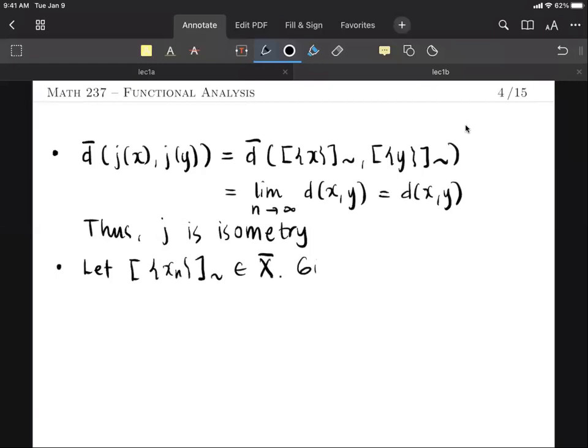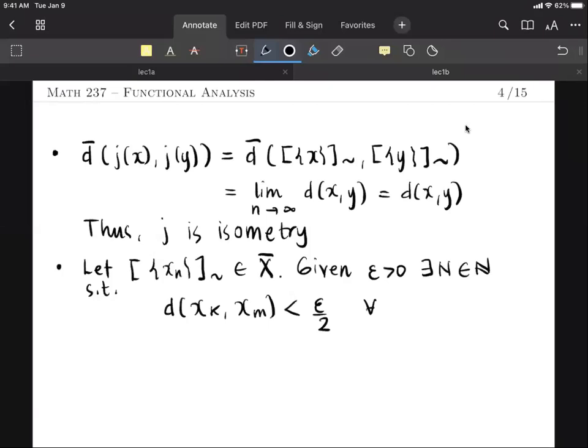Now, given a positive epsilon, we can find an N in such a way that the distance between x sub k and x sub m is less than this positive number epsilon over 2 for all k and m greater than or equal to N. And why is that?